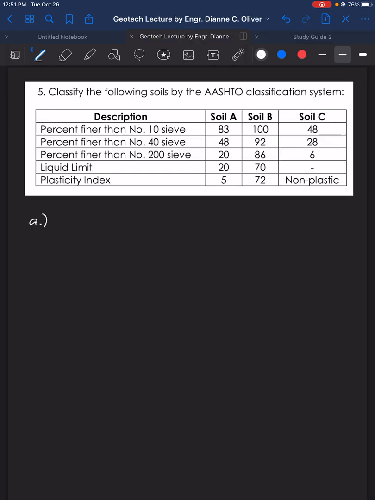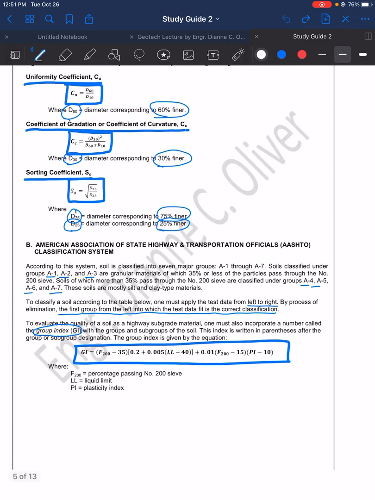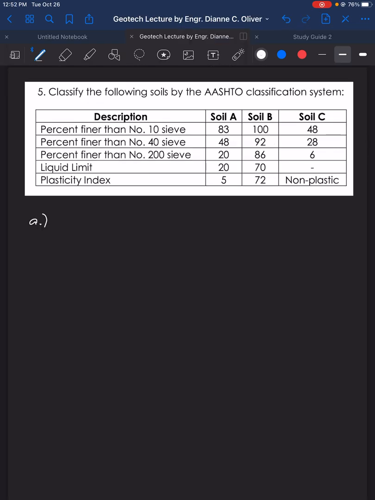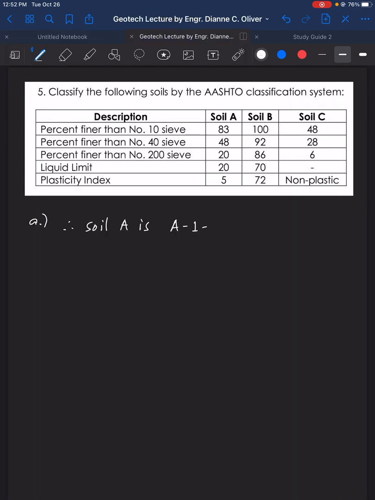So there's no need to compute for the GI, because having this knowledge, we can already put the GI as 0. Automatic. So soil A is A-1-B, then parenthesis, GI is 0. So this is the answer. Okay? So that's how you use the table.